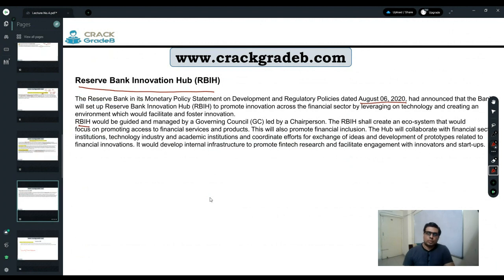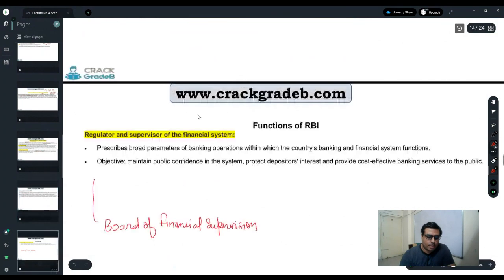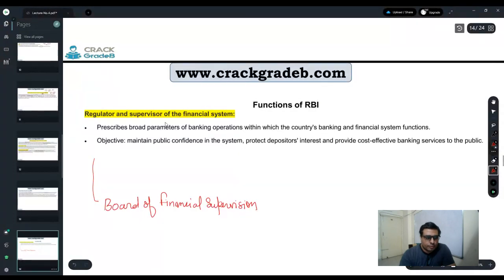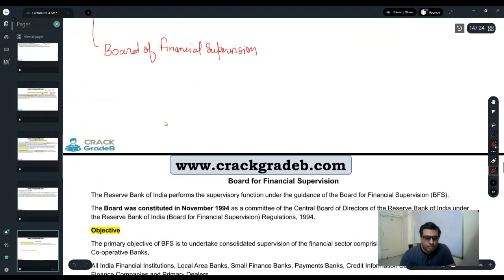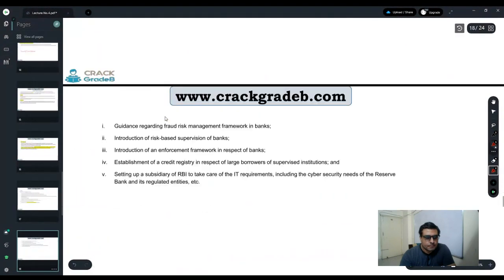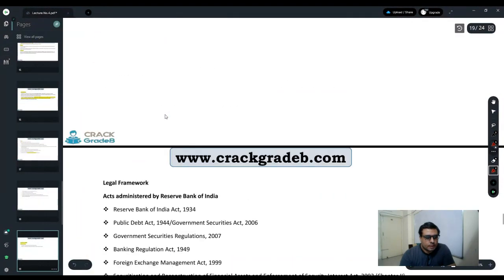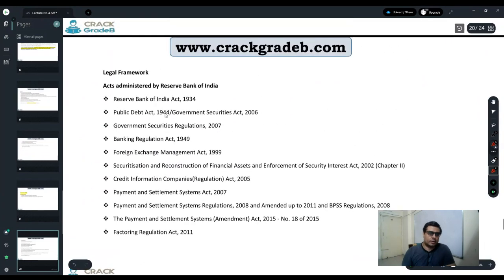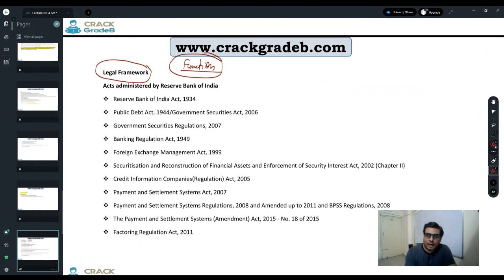Now let's move towards the functions of RBI. Before discussing the functions of RBI, I just want to let you know the legal framework. RBI has a certain set of functions, but from where does RBI draw the power to act?